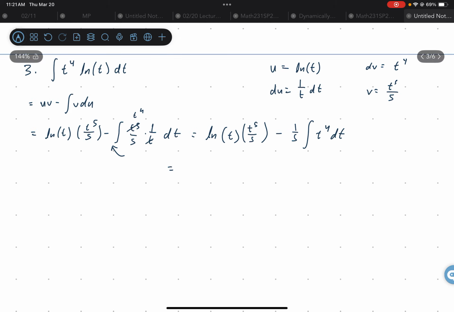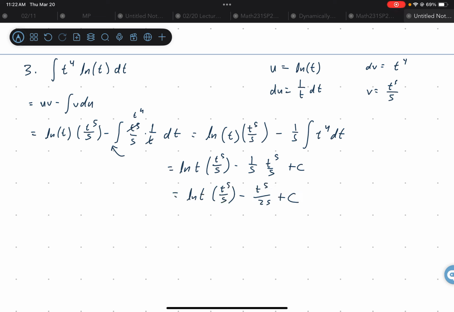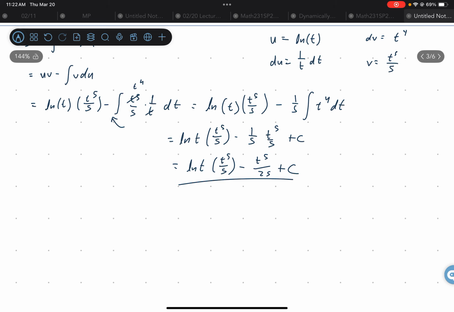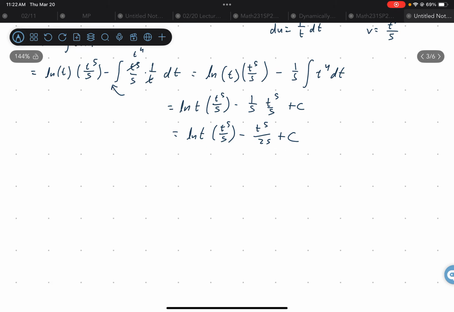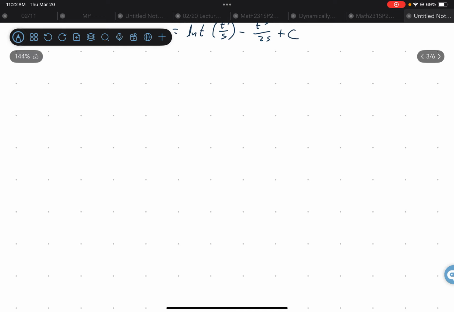And this makes it really simple, so ln of t times t to the 5th over 5 minus 1/5 t to the 5 over 5 plus c. And it's always nice to write it as simple as possible. But yeah, cool. Just another simple integration by parts problem.